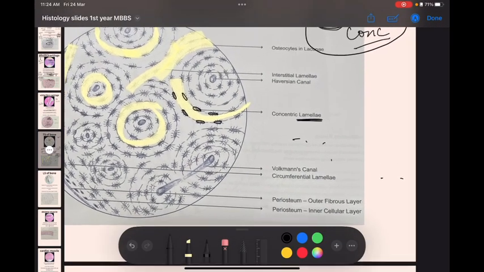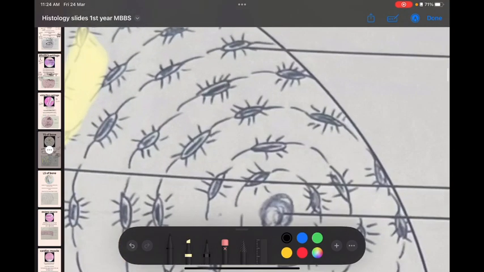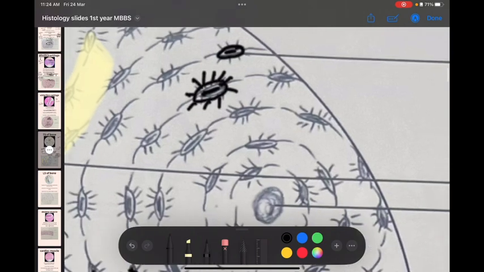We'll see the labelings now. As I said, the osteocytes in lacunae. So this is a lacunae, this is an osteocyte. This is a lacunae, this is an osteocyte. You have to write like this, okay? Don't forget to write like this.